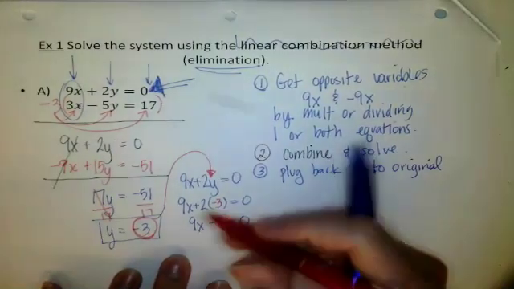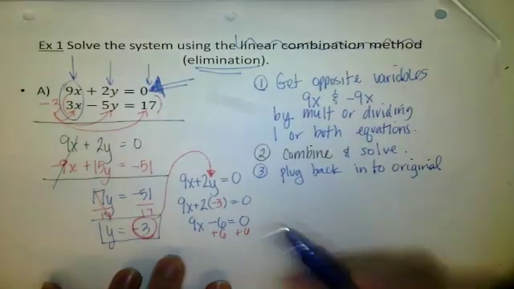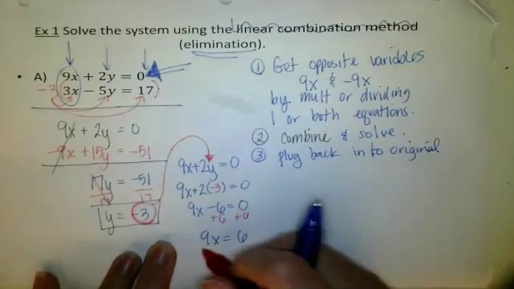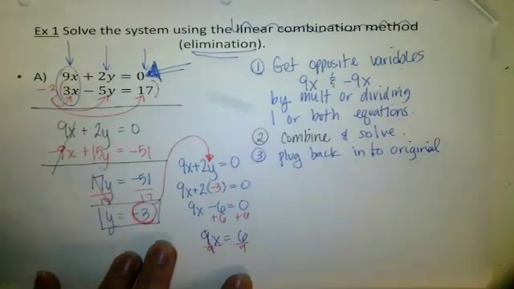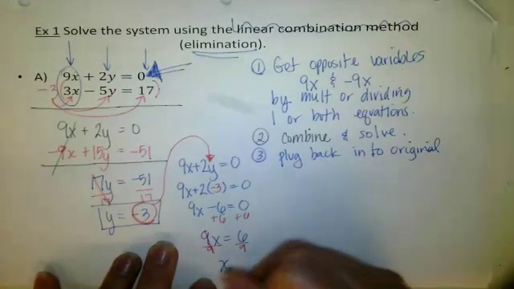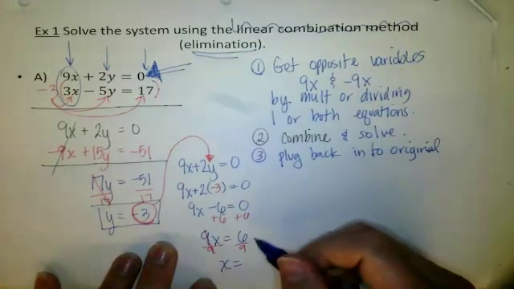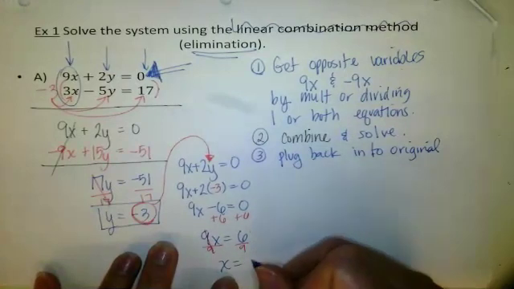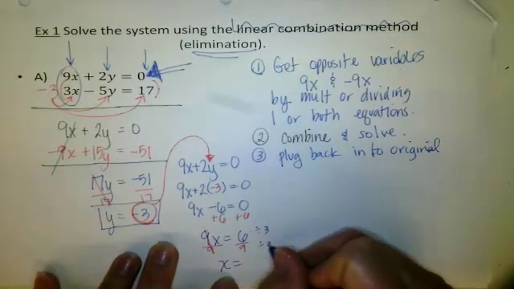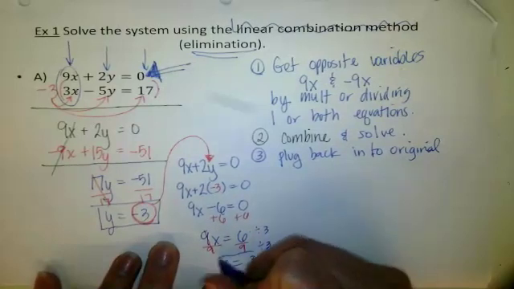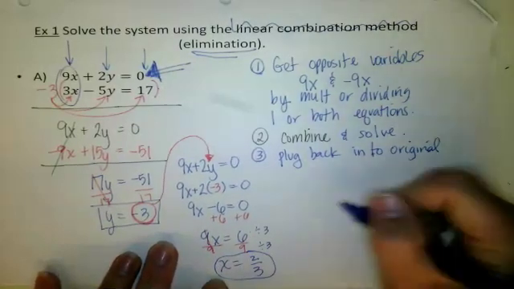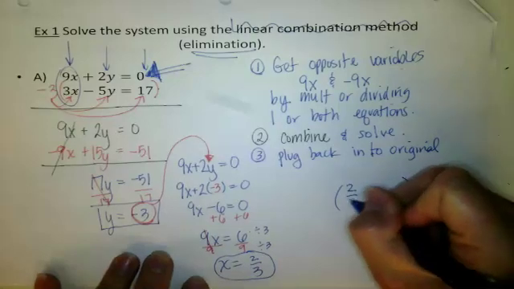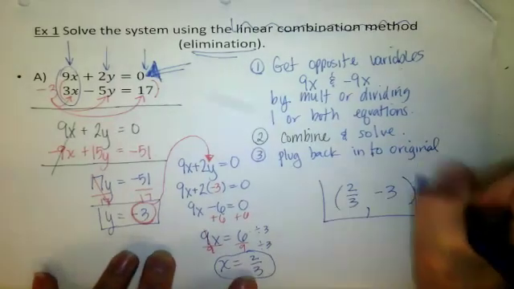Add 6. So I have 9x equals 6, and then what? Divide by 9. So we get x equals 2/3. You can divide top and bottom by 3. You will see more fractions today. What is the ordered pair solution? 2/3, comma, -3. Very good.